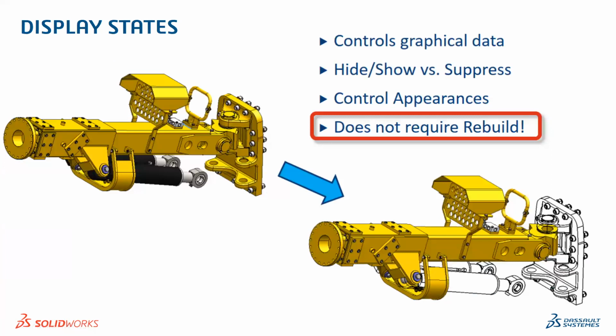Similar to configurations, we can create display states also. Most of our computer's RAM is going to be taken by visual appearance effects, and instead of hide and show, we can use display states to effectively improve the performance of the CAD software.